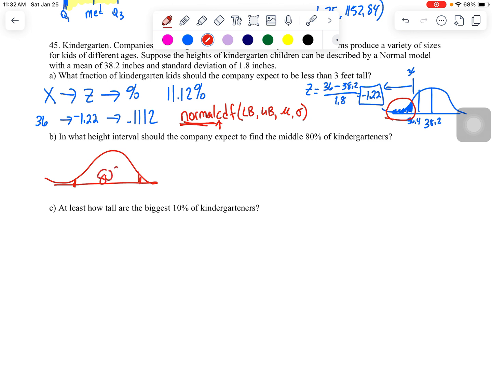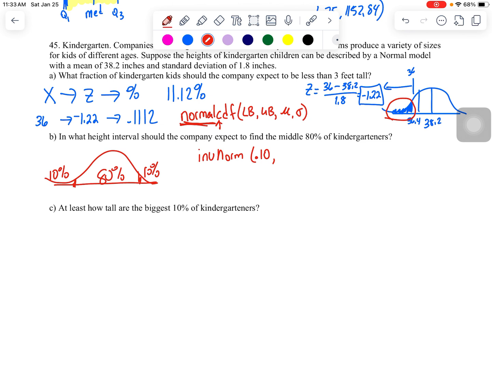I am using my calculator on this one straight up. We're going to inverse norm. I have an area of 10%, a mean of 38.2, and a standard deviation of 1.8. This is straight up going to my calculator and having it tell me what the answer is.